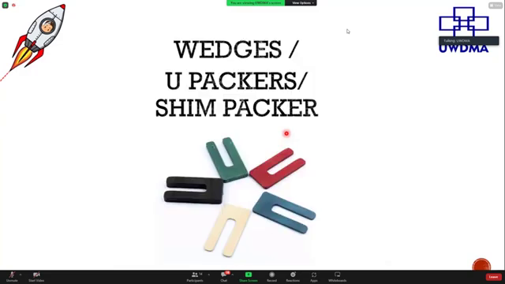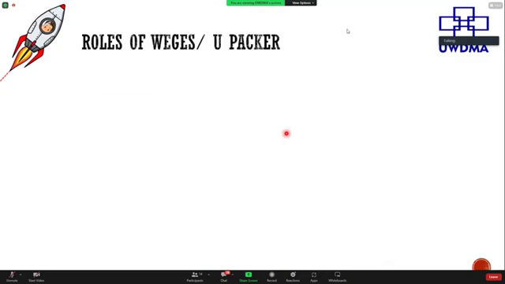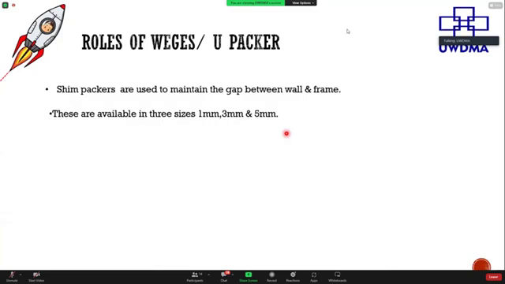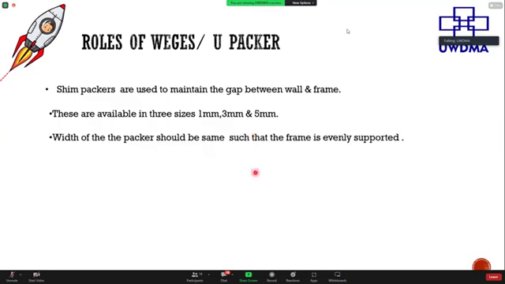Now next is our U packer. What are U packers? They are U-shaped packers, mainly used to maintain the gap between the wall and the frame and to align the windows. Normally they are available in 1 mm, 3 mm and 5 mm thickness.